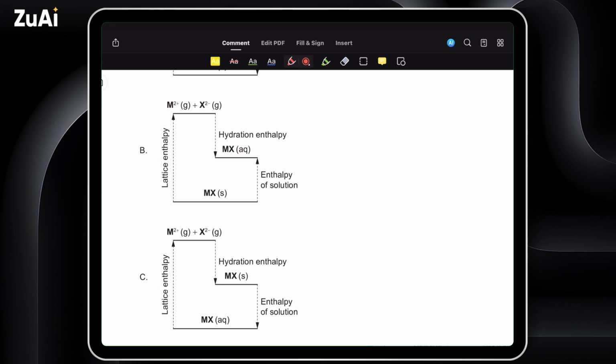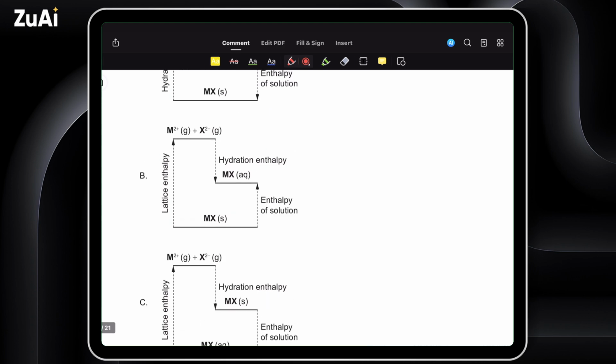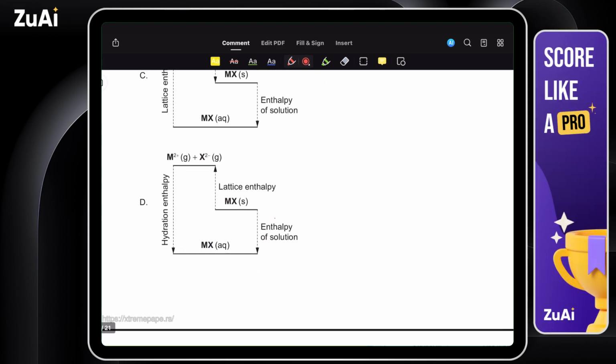So for the exothermic, the temperature of solution increases, that means the enthalpy should decrease. Decrease means negative.